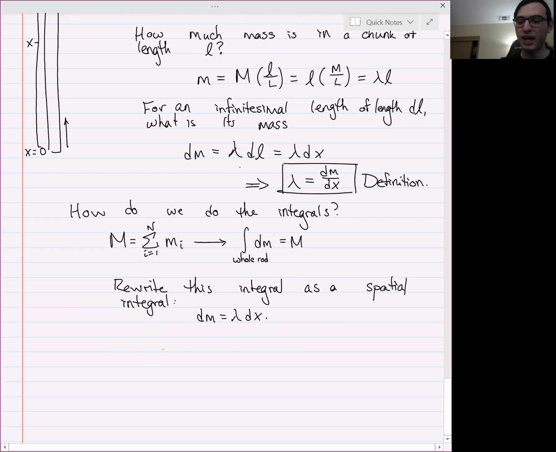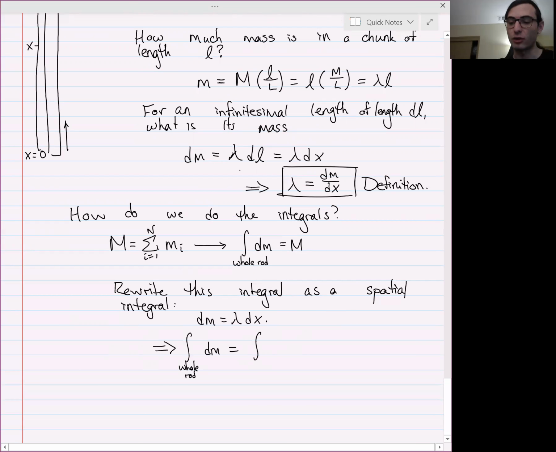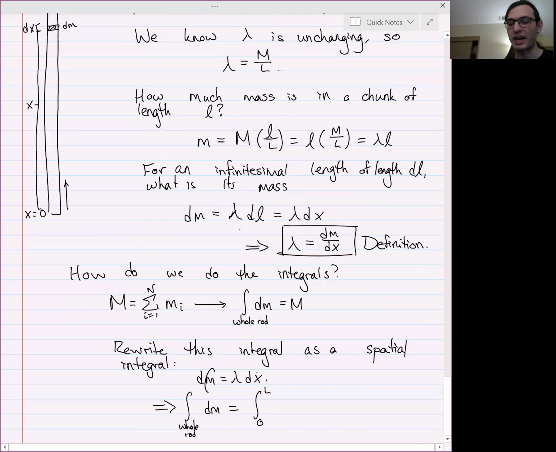And so what that implies is that an integral over the whole rod of dm should just be equal to an integral over the whole rod in terms of x. So it'd be an integral from 0 to L, because we're changing variables from m to x. So the whole rod corresponds from x equals 0 to x equals L.